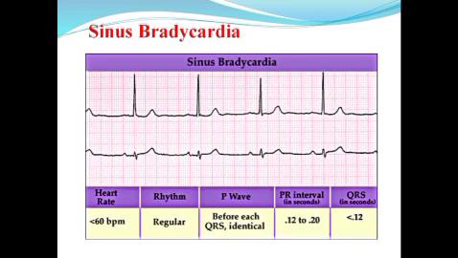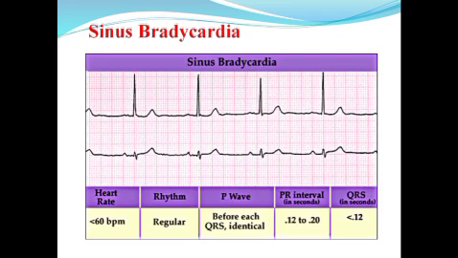In sinus bradycardia the problem is only the heart rate. The heart rate will be less than 60, but we have normal P wave morphology, PR interval, and QRS complex interval and morphology.